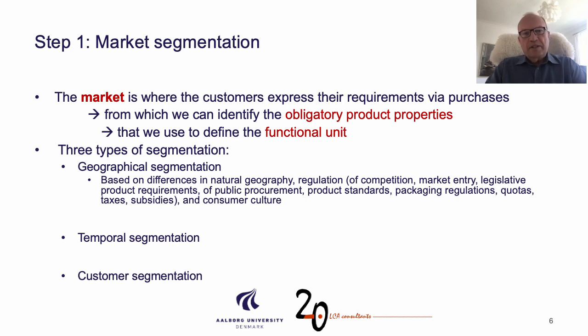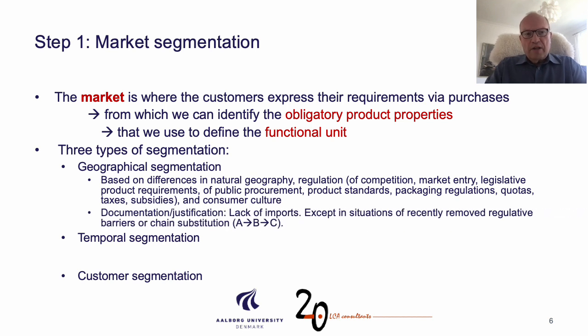These are typical in relation to public procurement, product standards, packaging regulations, or more economic regulations like quotas, taxes, and subsidies that differ from geography to geography. Consumer culture can also play a role.